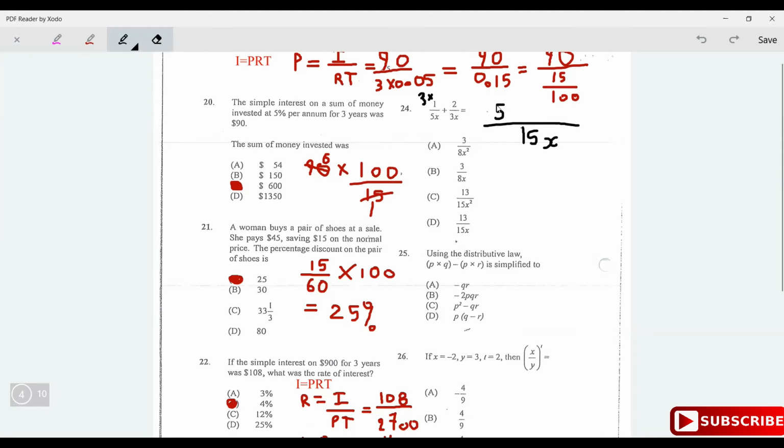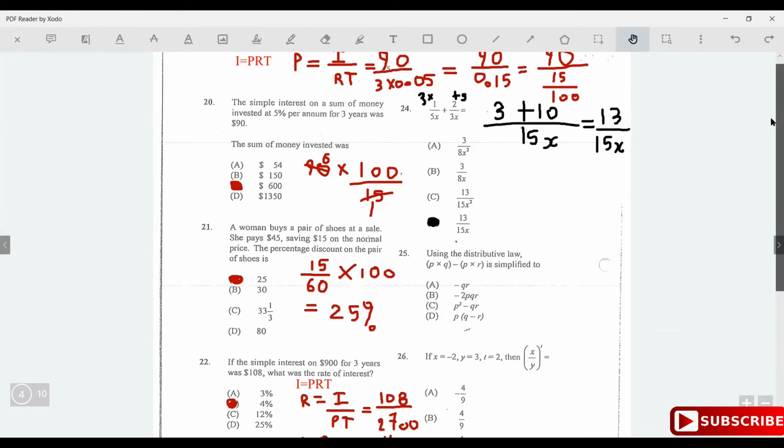So you get 3 plus, 3x into 15x goes 5 times, and 5 times 2 is 10. So we get 3 plus 10, which is 13 over 15x. Option D. Nice.